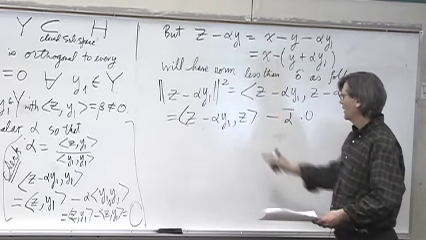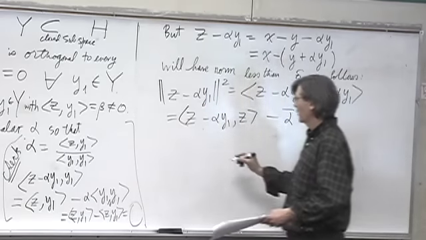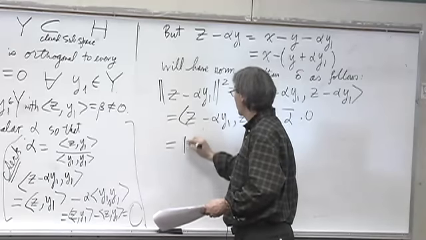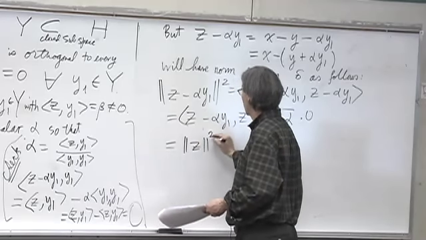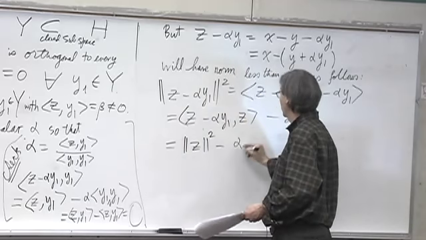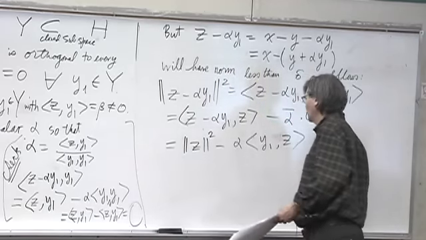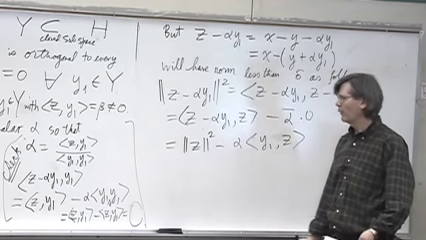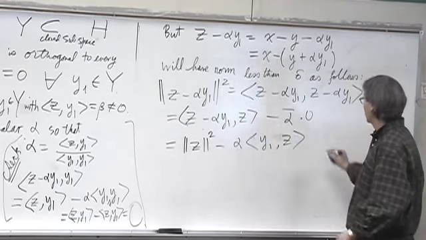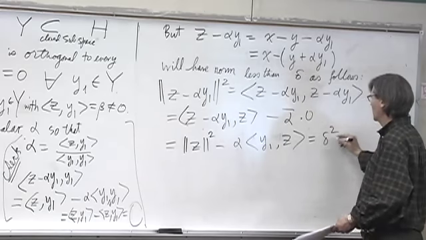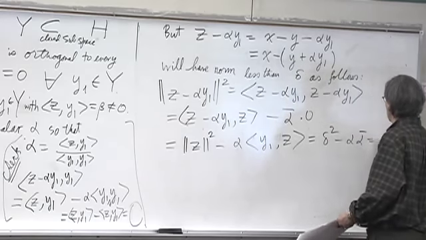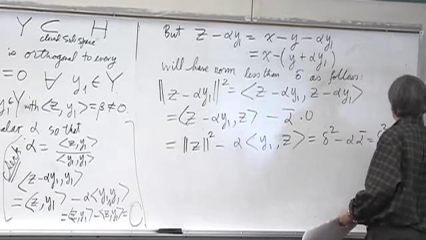If I work this out, it equals the norm of z squared, taking z minus alpha y1 with z. But y1 with z is alpha bar. So this comes out to be delta squared minus the norm of alpha squared.